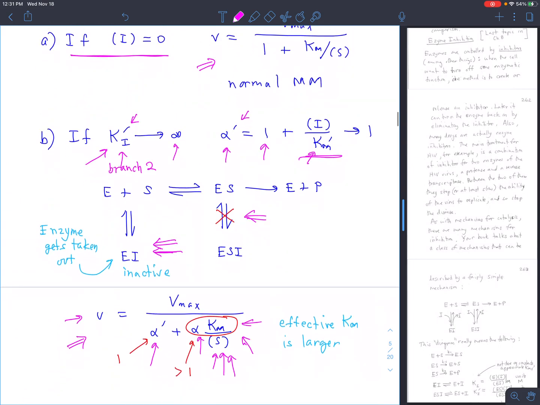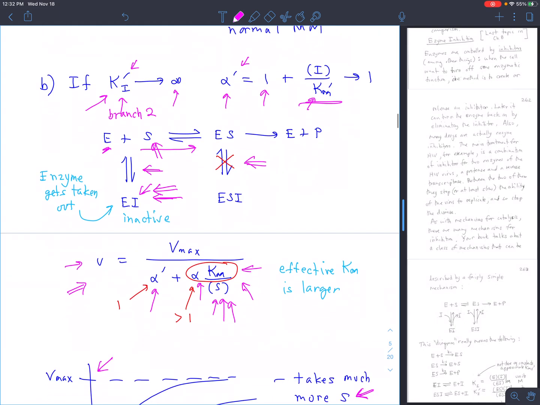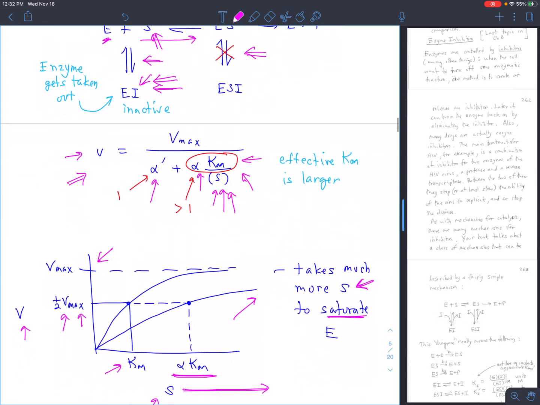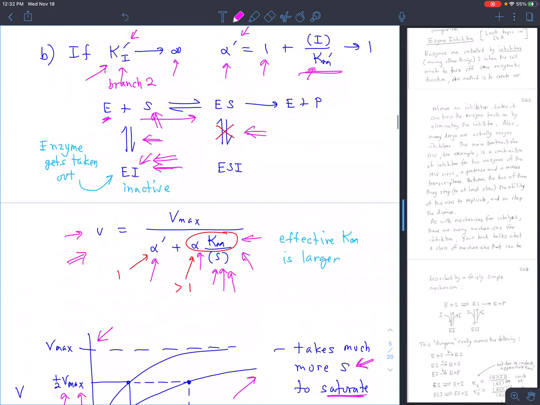Basically, what's happening is if you add a lot of this, then you're saturating E with S, and there's no opportunity to form this EI complex, and so you're basically out-competing the inhibitor in that case. So you can do it, is the point, but it takes a lot of substrate, a lot more substrate than normal.